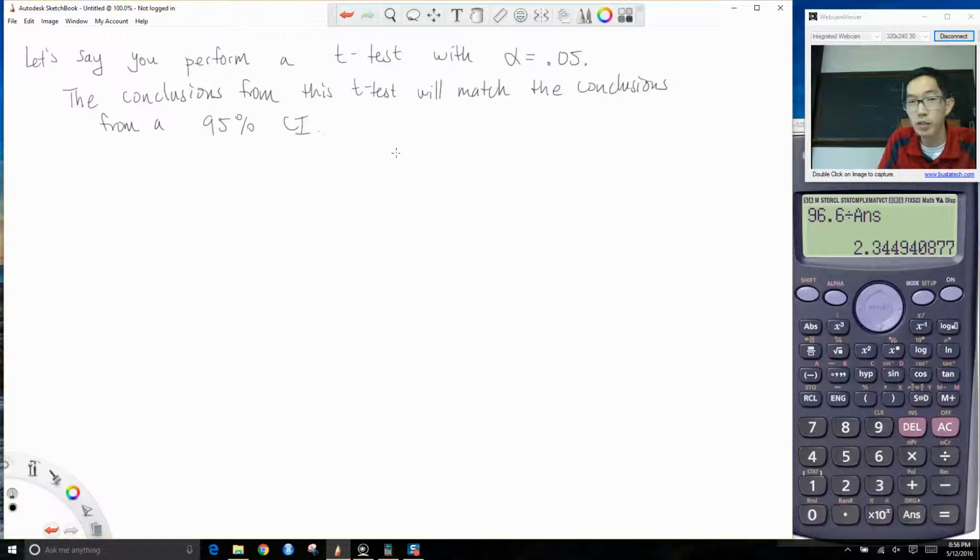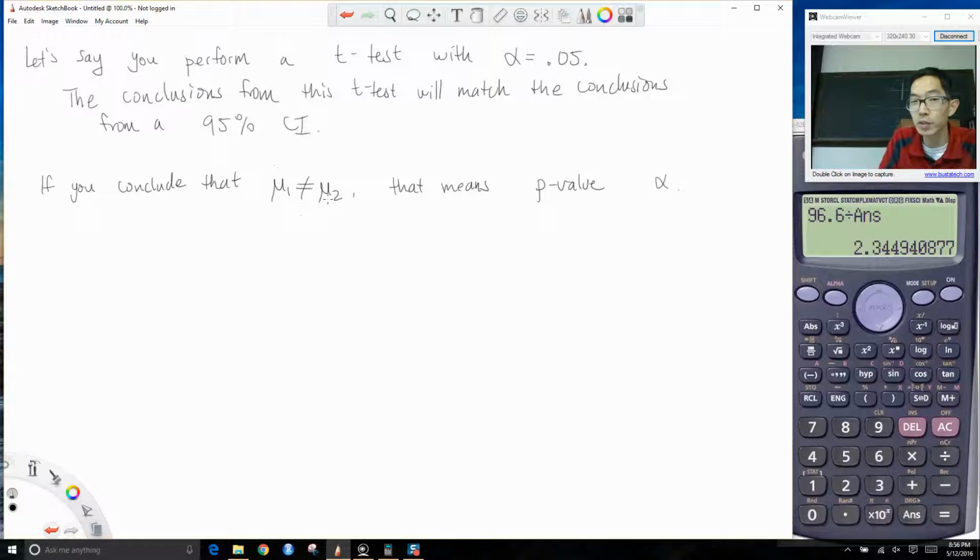Meaning, if you conclude that mu1 is not equal to mu2, that means your p-value was smaller than alpha.